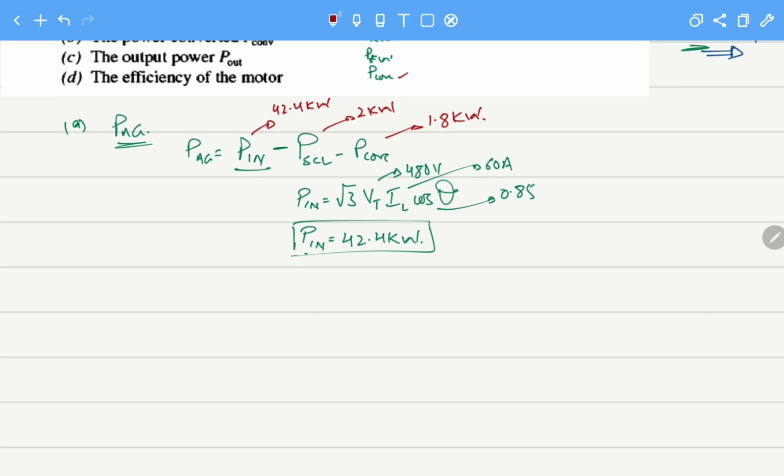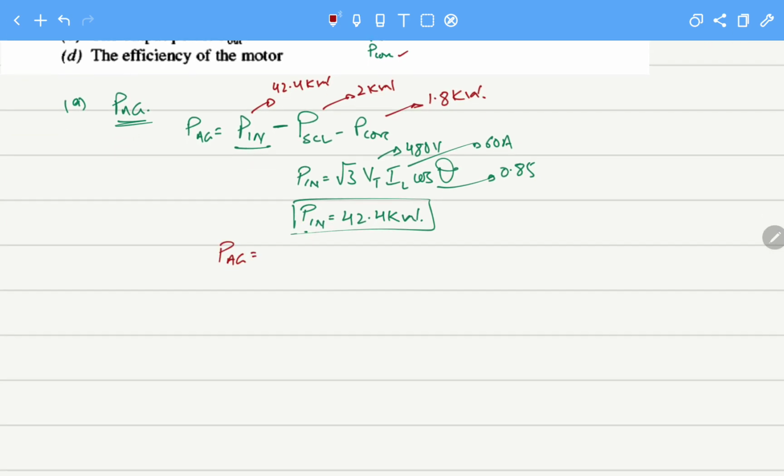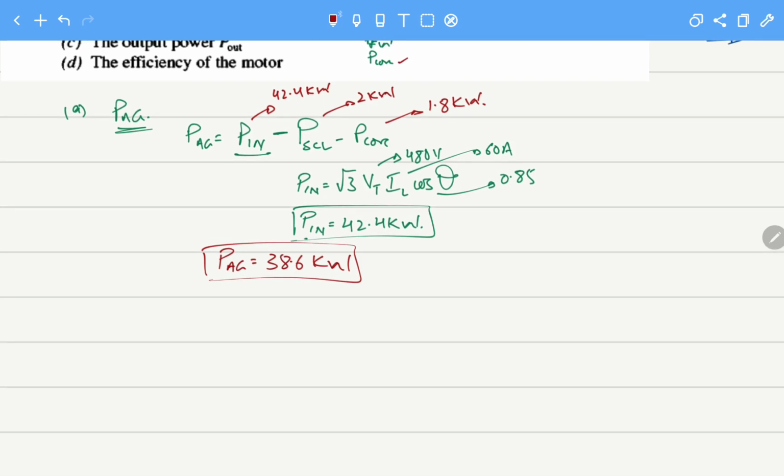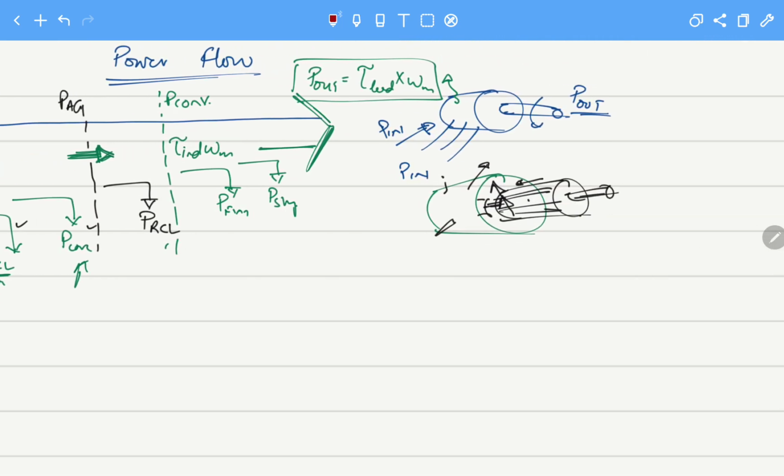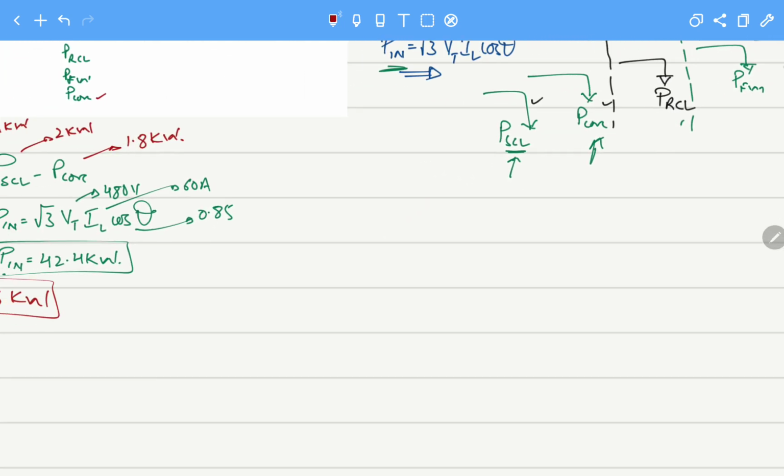So once we have these values, we can calculate the air gap power, which equals 38.6 kilowatts. So this means in a real motor, part of the power that entered our machine was lost, and the power that traveled through the air gap and got induced over the rotor is this much power.